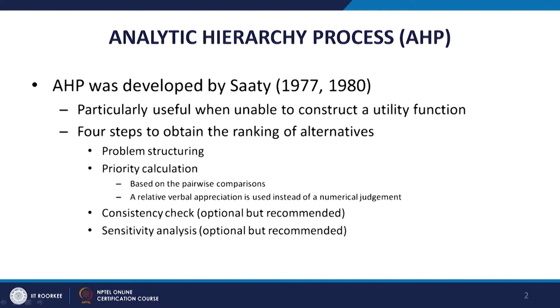Then the fourth step is sensitivity analysis. This is optional, but recommended. Once we have got our results, how do we confidently say that this ranking is final and is a robust ranking that we have got after applying AHP, and that small changes in input values or other variables are not going to change the results?